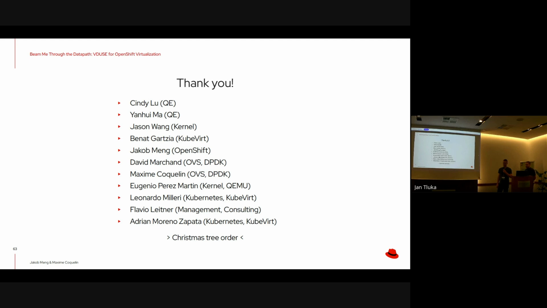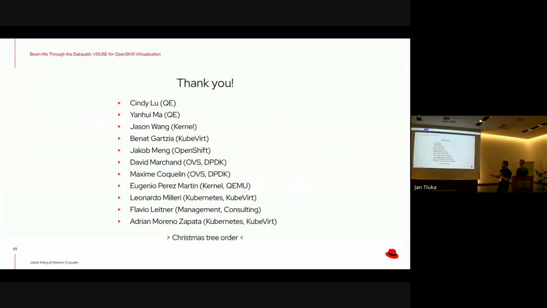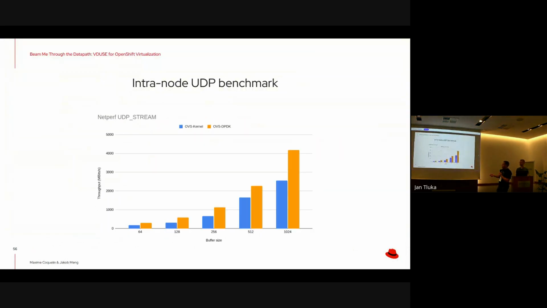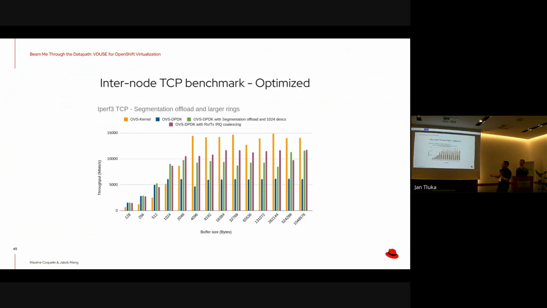So basically, for the performance using a non-DPDK workload, which means regular kernel networking, OVS DPDK with VDUSE can be on par with the kernel network. Yes, indeed. The only benchmark where the kernel datapath outperforms DPDK, we'll scroll back, is the TCP between two nodes.